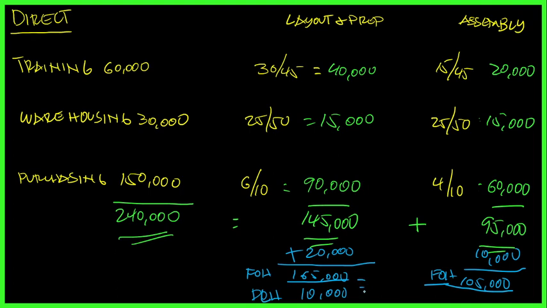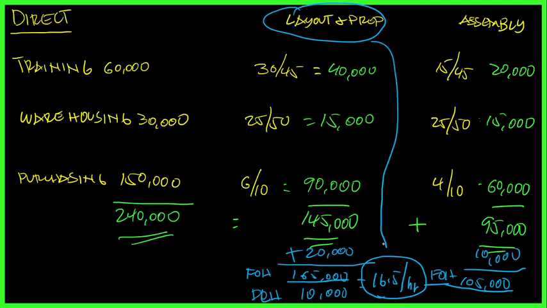What you will get here will be 16.5 per hour, and that is now your predetermined overhead rate for layout and preparation. Okay, now if this one is allocated using machine hours, let's say 10,000 machine hours, nagkataon lang, you will now have 10.5 per hour.